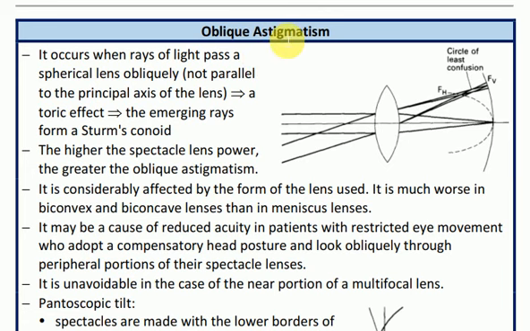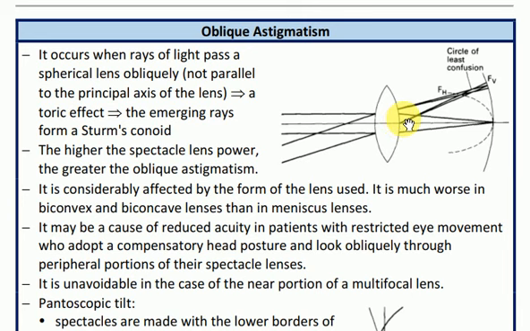Oblique astigmatism. It is an aberration which occurs when rays of light traverse a spherical lens obliquely. When a pencil of light strikes the lens surface obliquely, a toric effect is introduced.